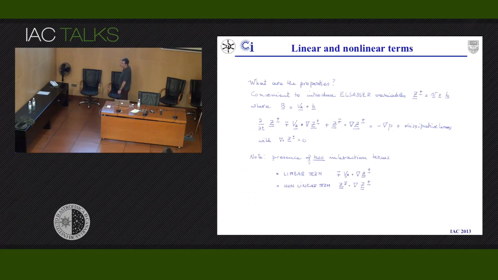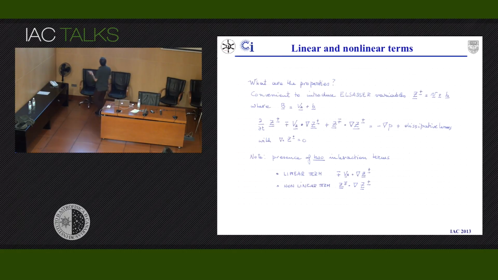Dissipative terms that I don't care about because I'm interested in the inertial range. And notice that there are two terms. The rate of change of these things, VA dot grad. So each one of these variables is advected along the mean field. The mean field takes little fluctuations in Z plus and Z minus and just moves them along, one this way and one the other way.